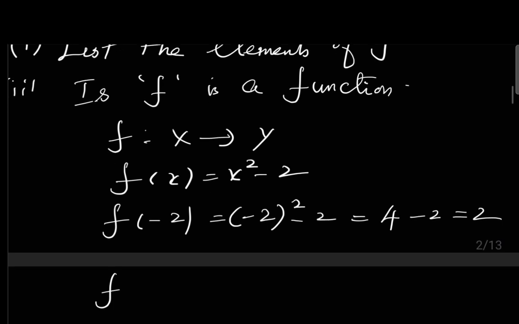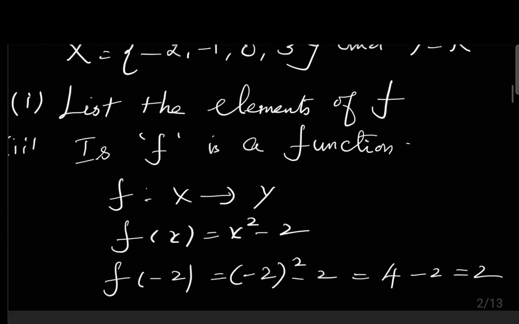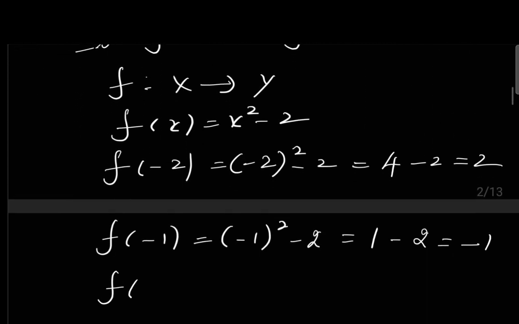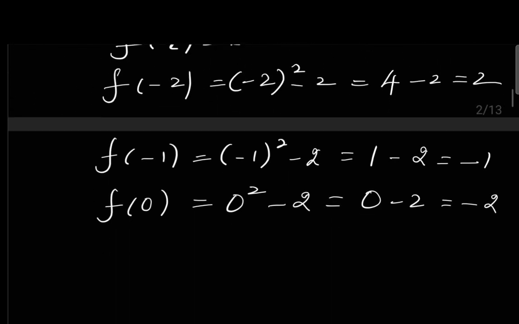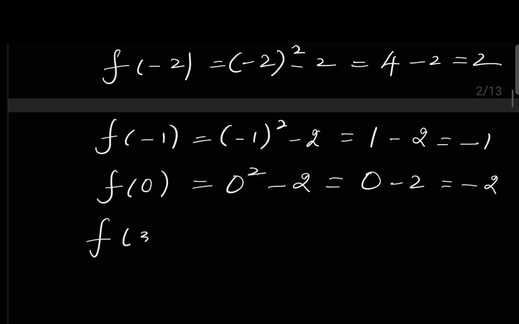Next, f of minus 1. So minus 1 the whole square. Replace x as minus 1. Minus 1 the whole square is 1, minus 2. That is minus 1. Then take 0. f of 0. That is 0 squared minus 2. 0 squared is 0, minus 2. That is minus 2. Next is 3. Replace x as 3.